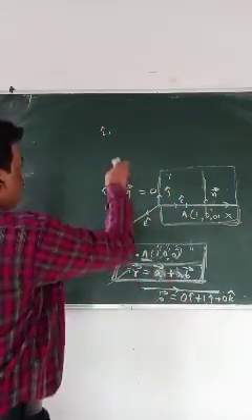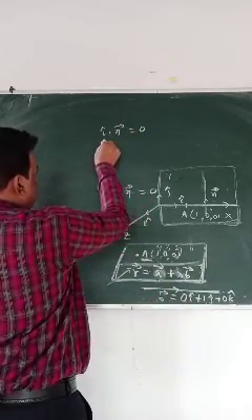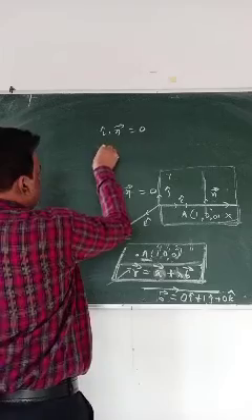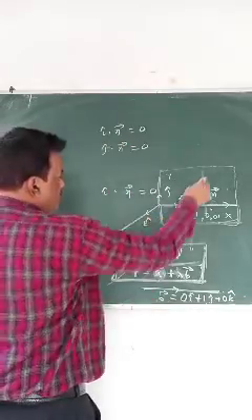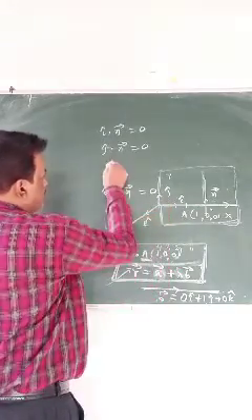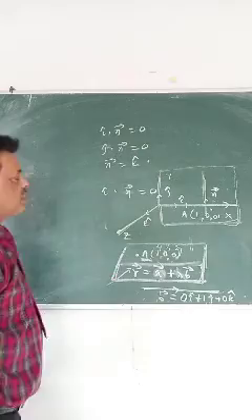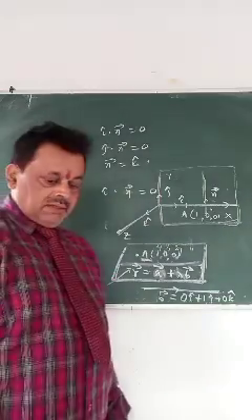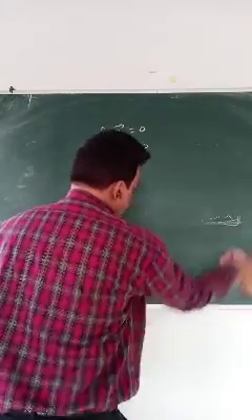So i dot n equals 0, j dot n is also 0, then n will be parallel to k, n equals k.